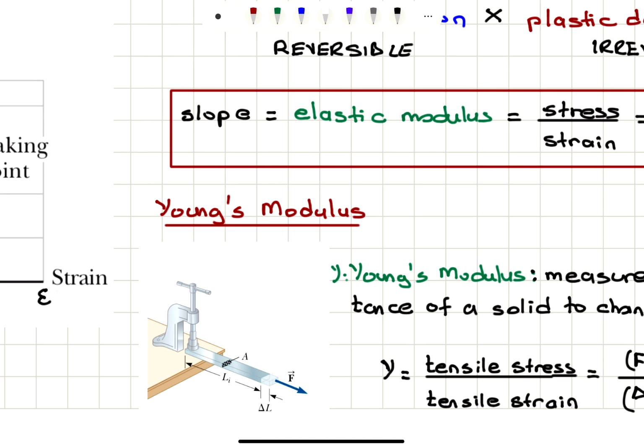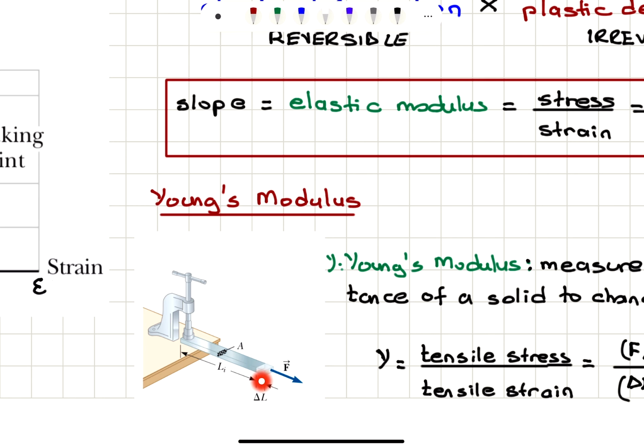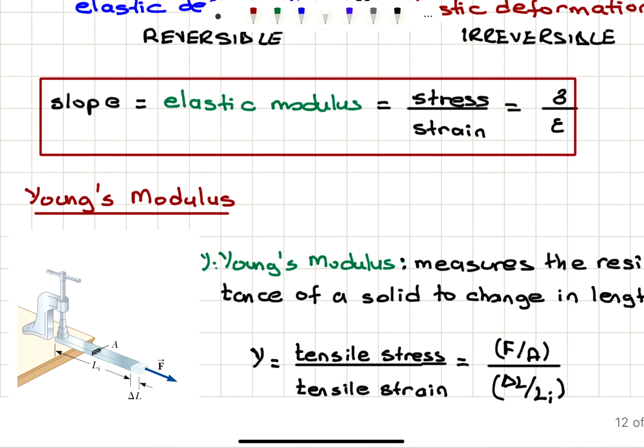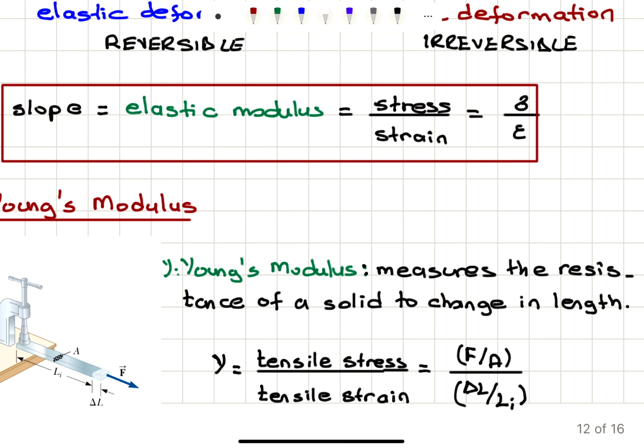In the one-dimensional case we have talked about, if we clamp this bar on one end and we apply a force per unit area on the other end, we elongate this object. So we define Young's modulus, which measures the resistance of a solid to change in length. The elastic modulus of concern here is Young's modulus, which is the ratio of stress to strain.